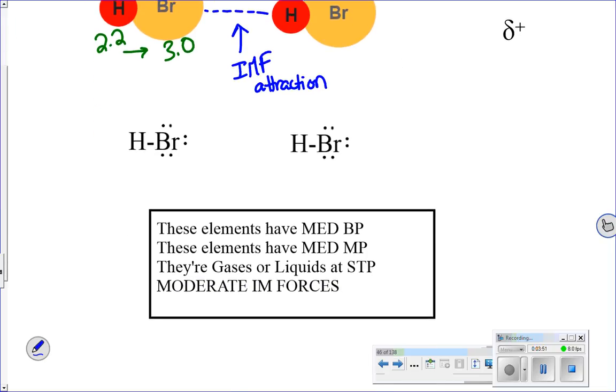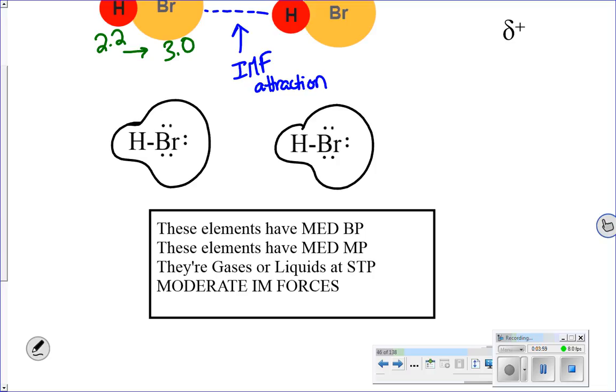This can easily be seen too. We drew those electron cloud pictures before. You can see that around bromine, that extra density of lone pairs is pulling electrons towards it from hydrogen. So it gets a little negative on this end, a little positive here. We see that attraction occurring.